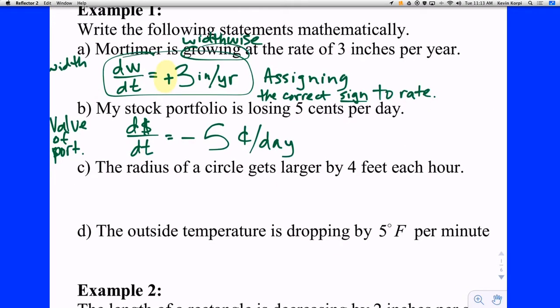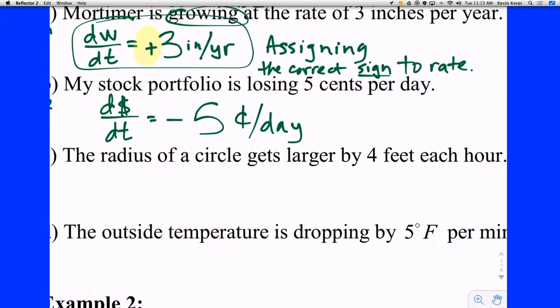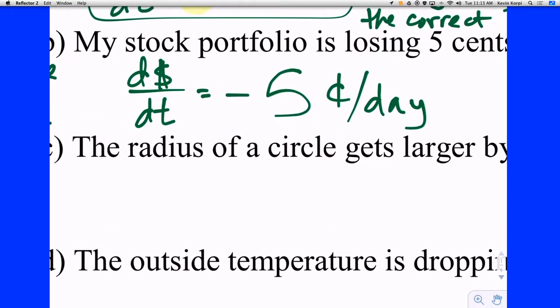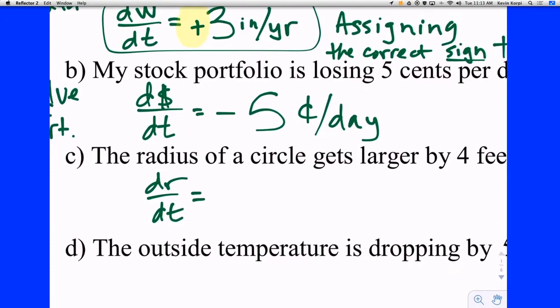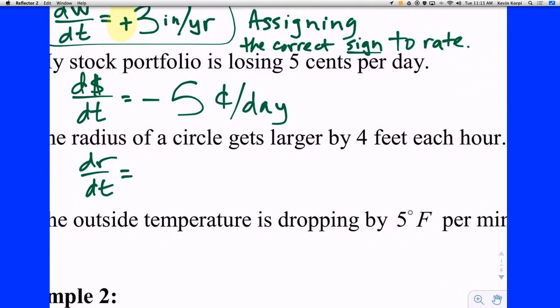All right, the radius of a circle gets larger by 4 feet every hour. What do you want to call the radius of the circle? R works for me too. Yeah, so dr/dt, that's the radius of the circle, gets larger by 4 feet per hour. So let's do it first. Is the sign of the rate positive or negative? Positive.